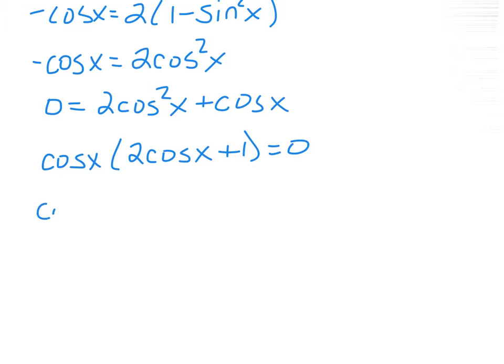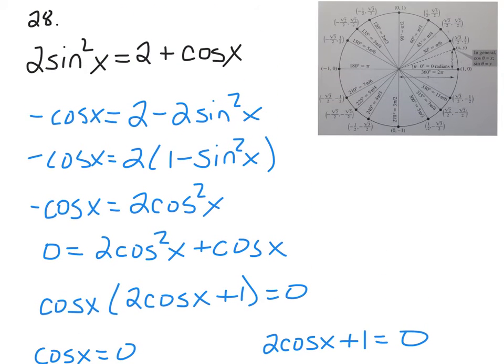Now we have two factors that we can set equal to 0. And we're going to solve both of these. Let's just do the cosine of x equals 0 first. Let's go up and look at our unit circle.